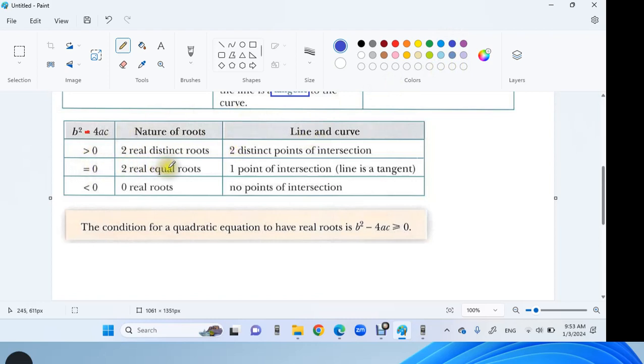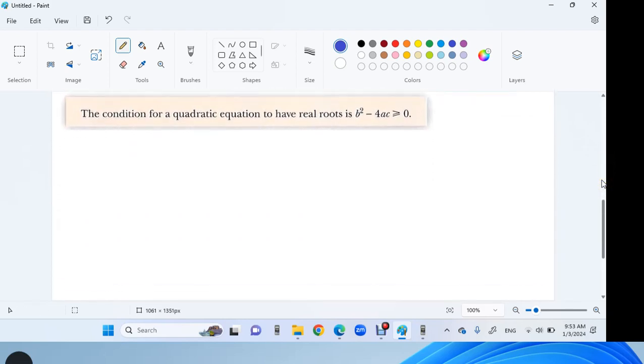If equal to 0, then two real and equal roots, which is one point of intersection, also tangent, T-A-N-G-E-N-T. If less than 0, then no real roots, no point of intersection. The condition for a quadratic equation to have real roots is greater than or equal to 0.